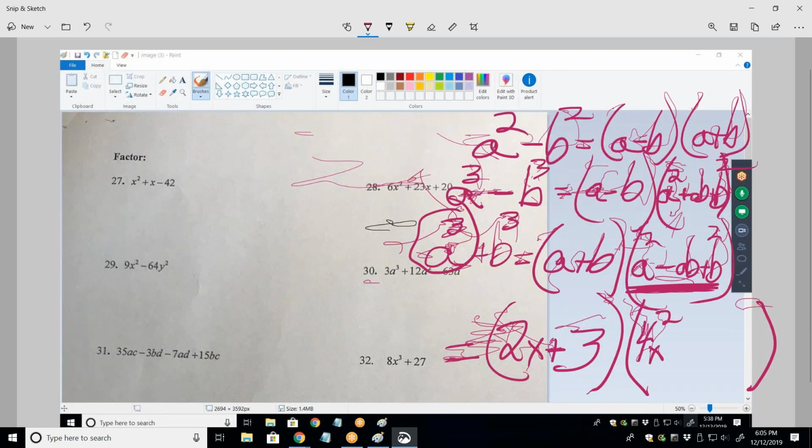In other words, you have to know what a and b are. We just wrote it. A is 2x, b is 3. So a squared is 4x squared. What's a times b?